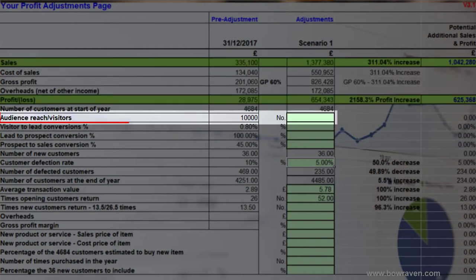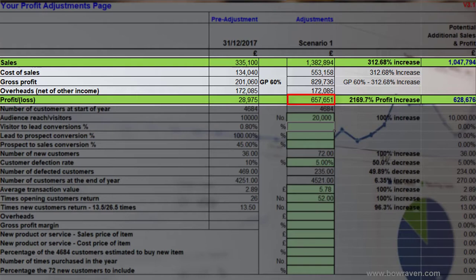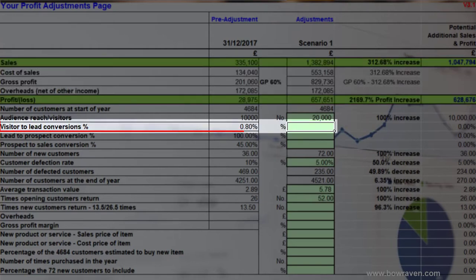The next number was to increase our audience reach, or the number of visitors to our website or Facebook engagement. We said we're going to increase that from 10,000 to 20,000. That had a slight increase. We're now up to £657,000 profit.